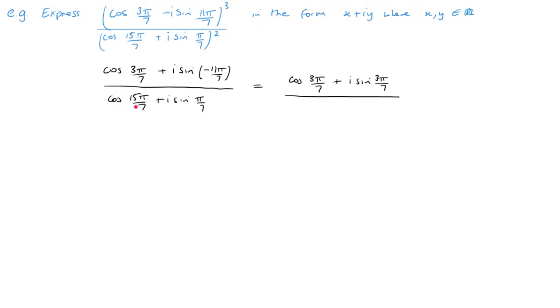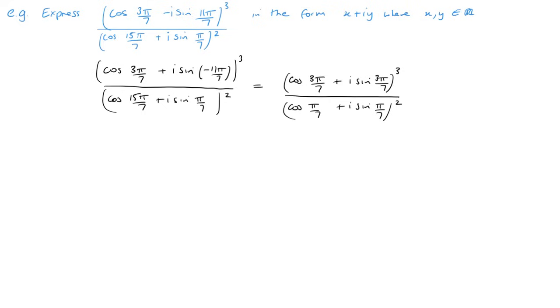This isn't inside my normal range, so taking away 2 pi from this, and I get cos pi by 7 plus I sine pi by 7. So that's dealing with the angles. Now these are all still raised to these powers, so power 3 and power 2.